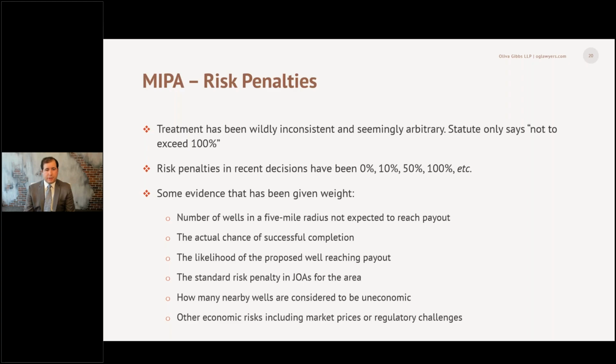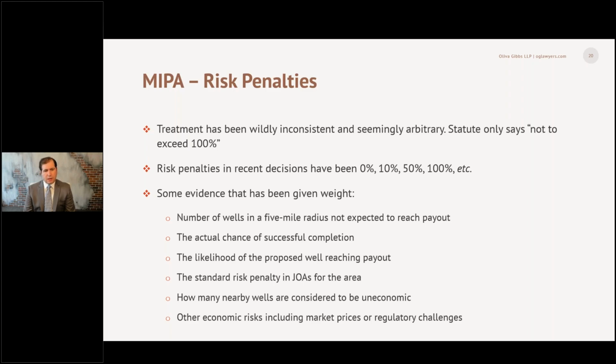Some evidence that's generally given weight for the risk penalty that you're going to include: how many wells are in a 5-mile radius not expected to reach payout. The actual chance of successful completion on your well. Are you drilling a well in a known field, or is it a wildcat well?